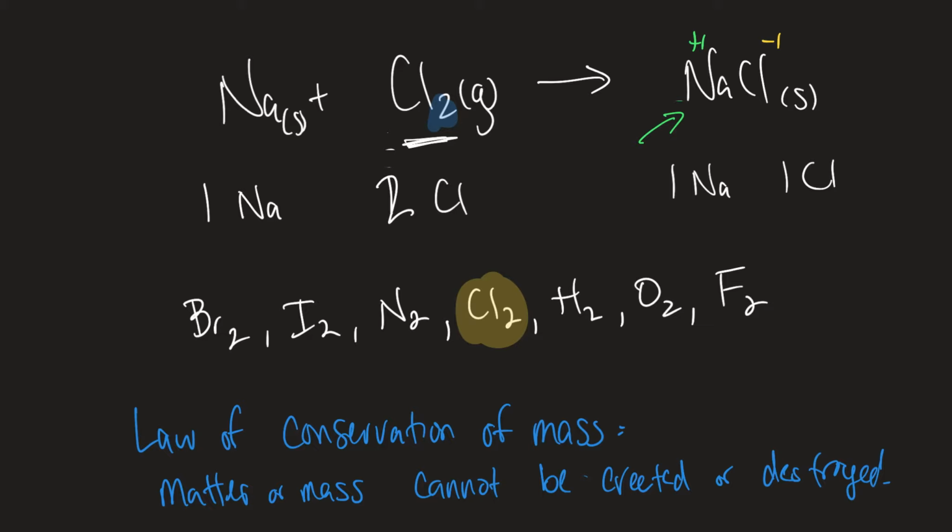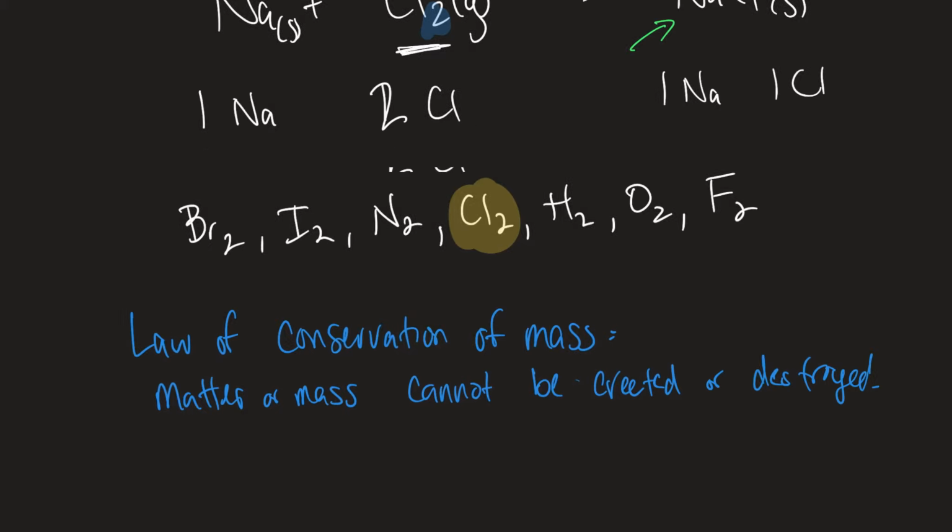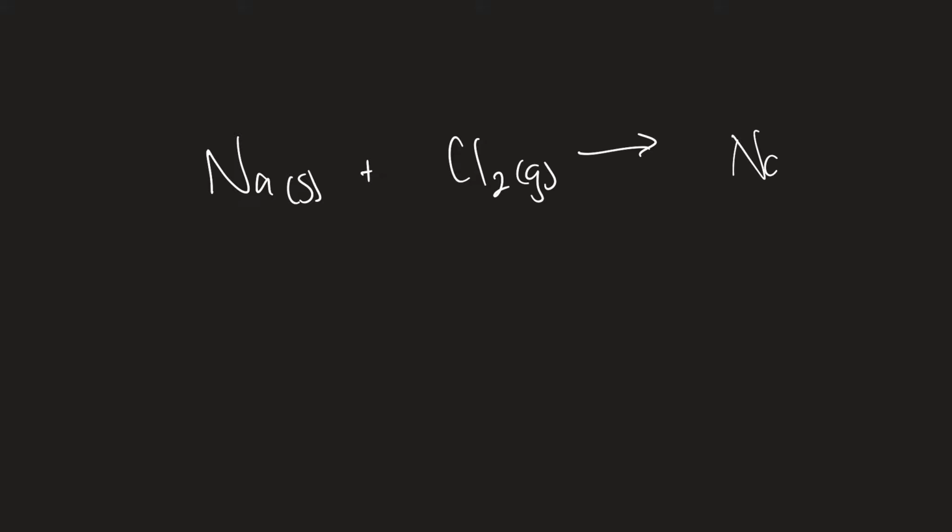And so how do we go about doing this? Well, let's start with a clean slate here. So we have Na solid plus Cl2, which is a gas, yields NaCl, which is a solid. How do we make this chemical reaction meet the law of conservation of matter? How can we make it agree?